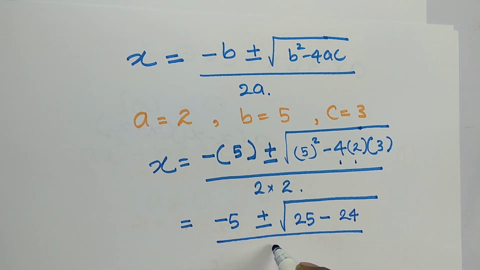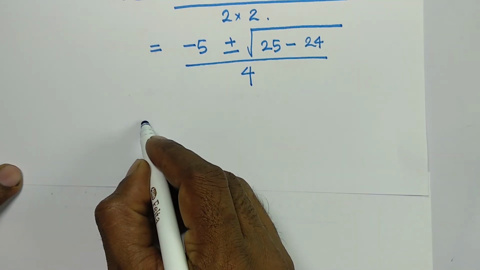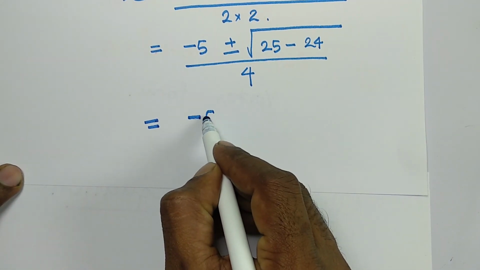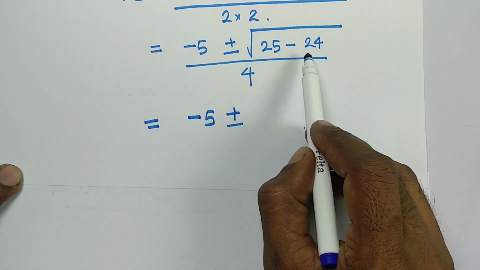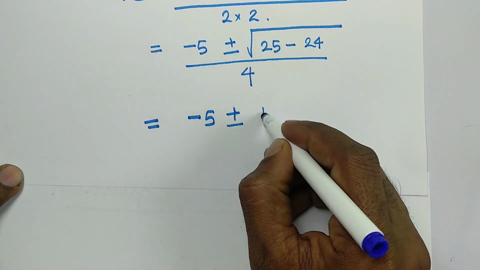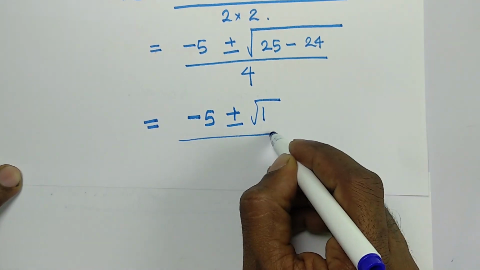Divided by 2 times 2, 4. Okay, now minus 5 plus or minus the square root of 25 minus 24, which is 1, divided by 4.